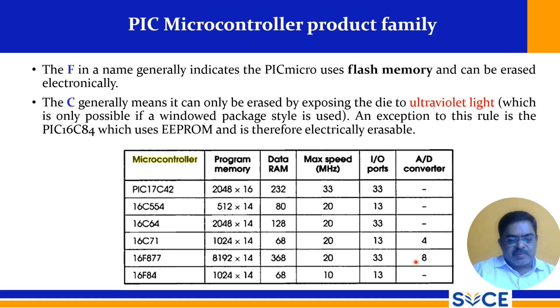For example, the 16F877 is a popular type of microcontroller. This is the program memory, this is the capacity, data RAM, and maximum speed is 20 megahertz, and IO ports 33. So 33 ports you can connect, and 8 A to D converters.